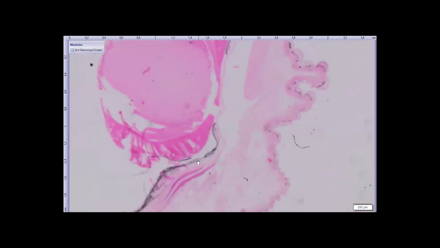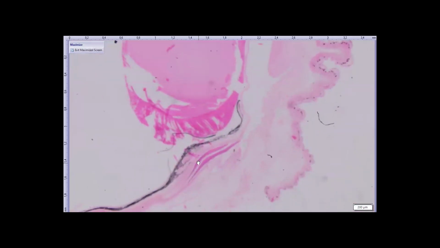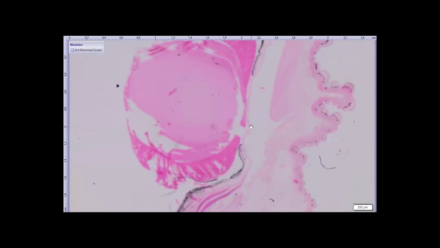And let's look a little bit more magnified. So here again is the scleral ossicle. Here's the iris, and the chameleon has an extremely thin cornea.